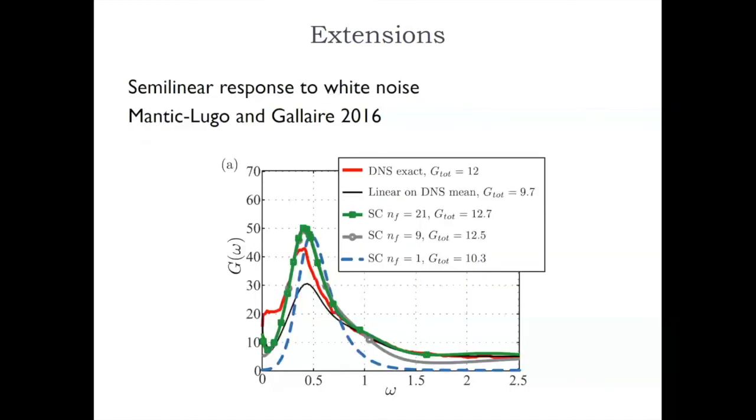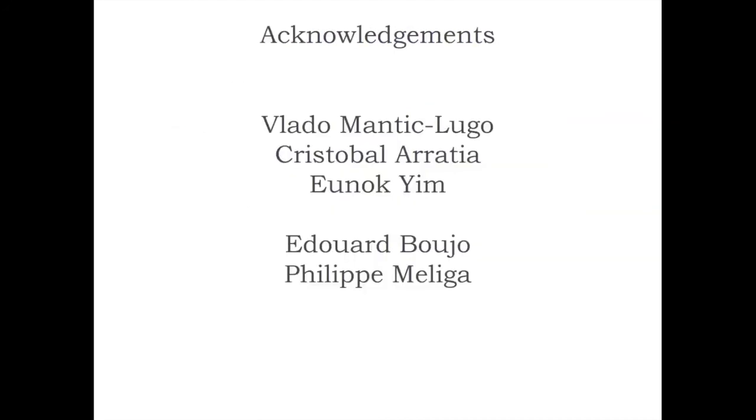And also we can try to extend to white noise by trying to represent the white noise as a superimposition of different frequencies, which are the most relevant. So these are just 2, 3 very, very fast extensions that we came up with, and there are many more, I hope, to come.